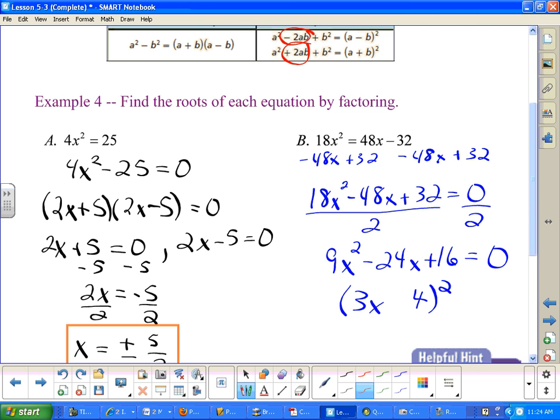And if I double 12, I get 24. The only thing is my 24 needs to be negative, which means my 4 has to be negative. So the middle term of a perfect square trinomial is just the product of the two terms and then multiplied by 2.